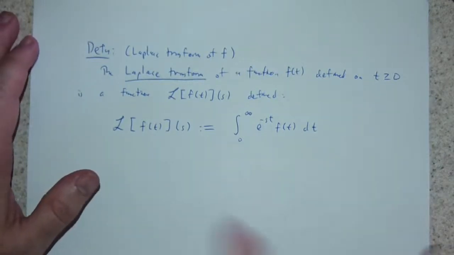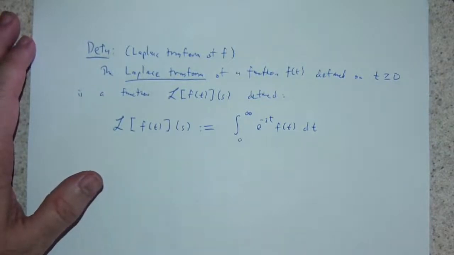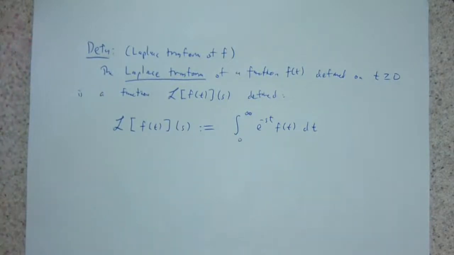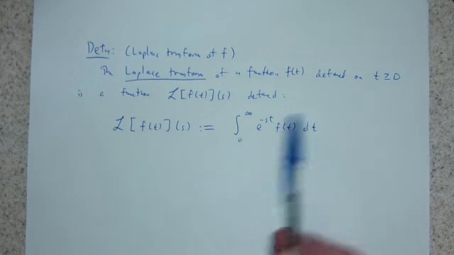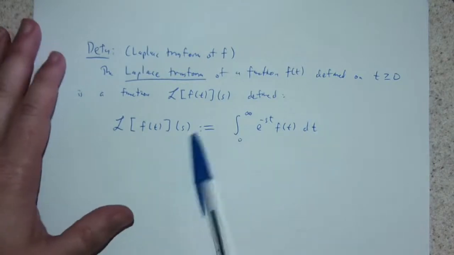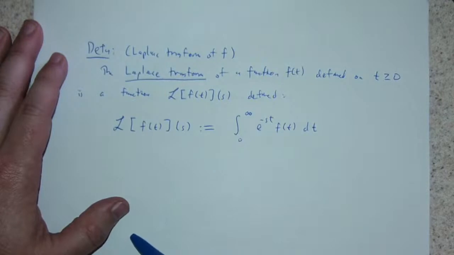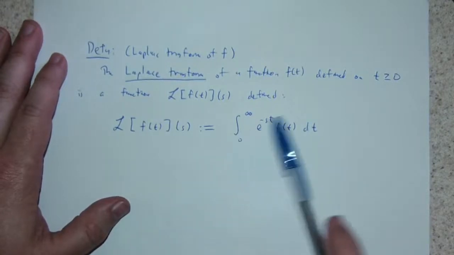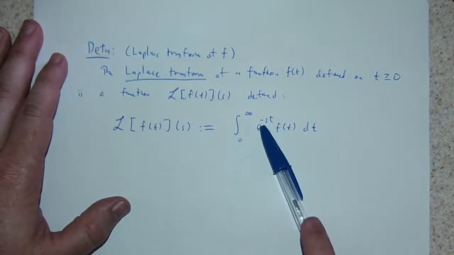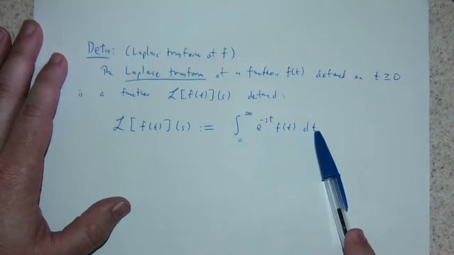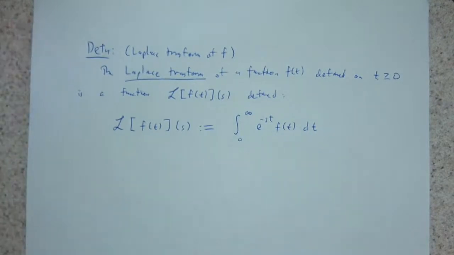So anyway, the Laplace transform of this function is this integral, where s is the variable that shows up here in this exponential argument. So this is the integral from 0 to infinity of e to the minus st f of t dt. Okay.